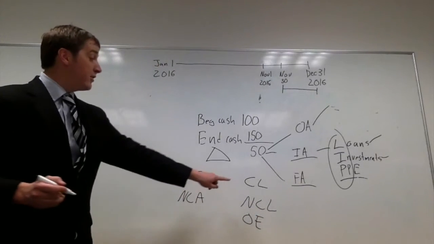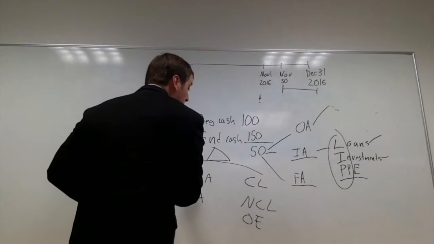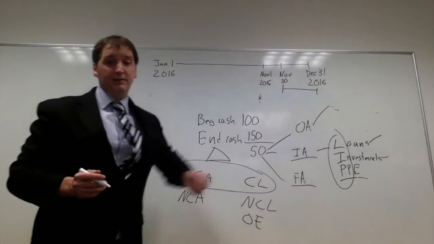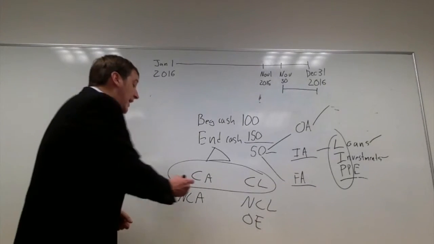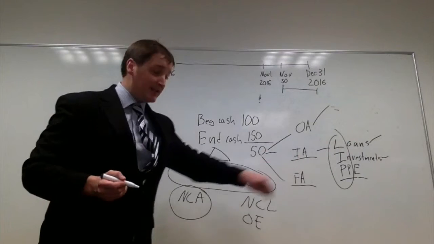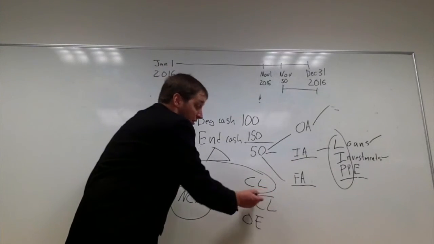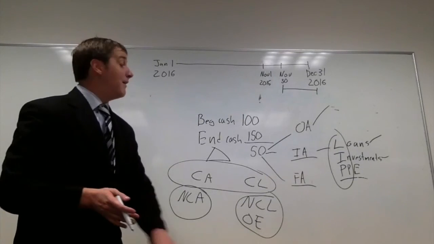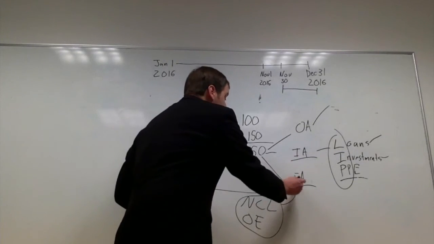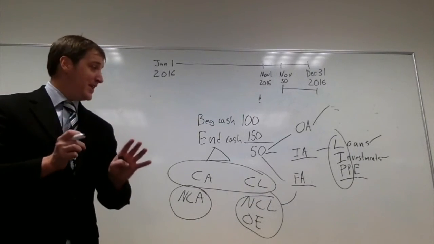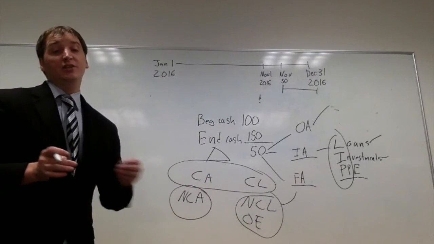If it's a current asset or a current liability, it is most likely in operating activity. If it's a non-current asset, it is generally going to be an investing activity. And if it's a non-current liability or an owner's equity, that's almost always going to be a financing activity. It doesn't always work, but if you can't really remember where something goes on the cash flow statement, you can kind of use this as a cheat sheet.